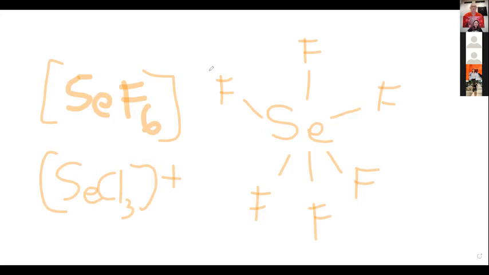Total valence electrons, 48. Fluorine's got 7 and there's 6 of them, that's 42. And selenium's got 6, for 48.